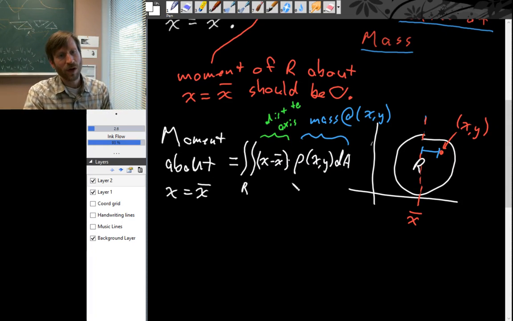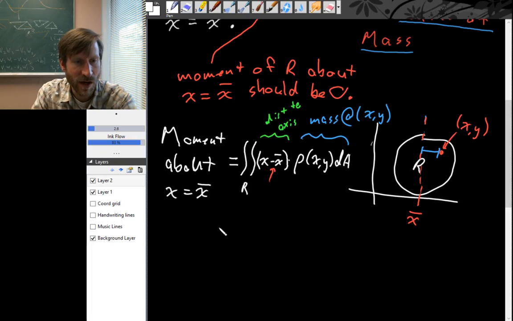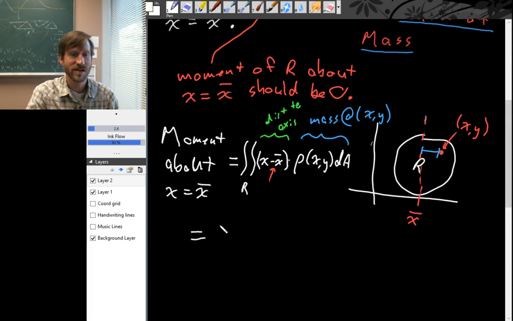All right. Well, we don't know what the density function is, and we don't know what R is, so we can't actually make any further progress on explicitly computing this integral. But inside this integrand, we do have this difference right here, and so we can rearrange this integral to take advantage of that difference.